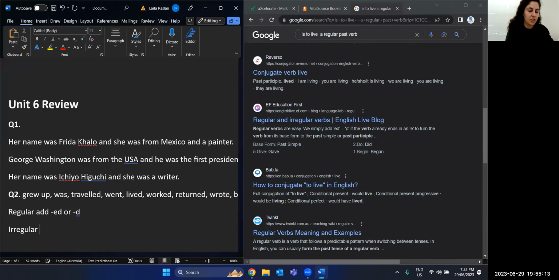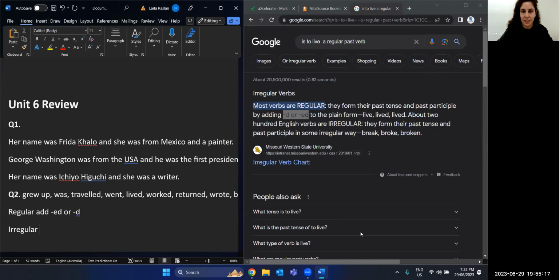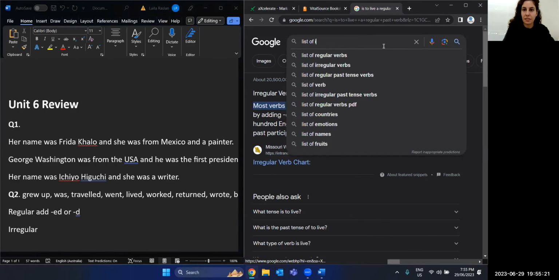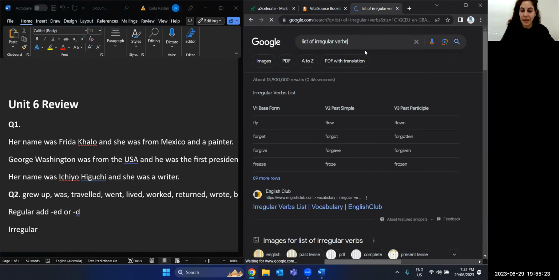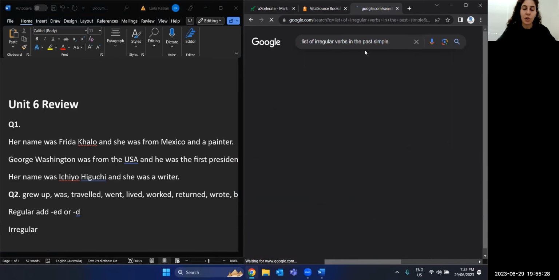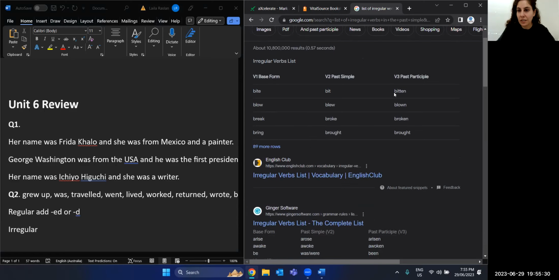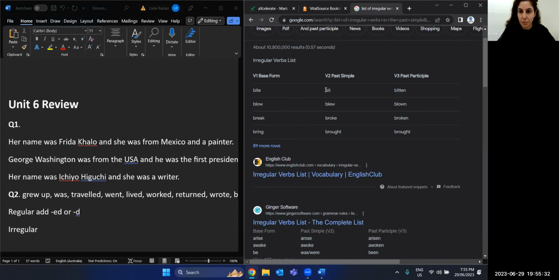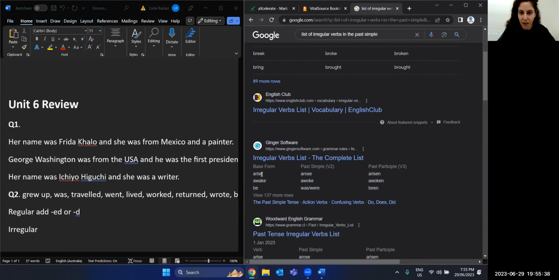there's no rule. You can't make a rule. They're all very different. So if I just give you a list of irregular verbs in the past simple, because we don't want it in the past perfect. I mean, look at the words. We have bit, blew, broke, bought. There's no rule. They all have very different endings.